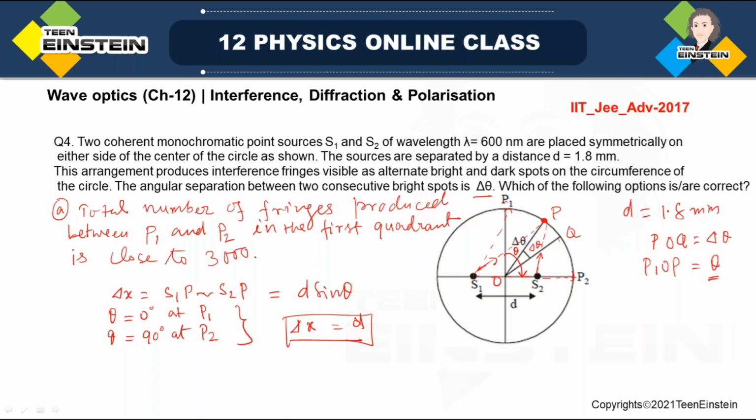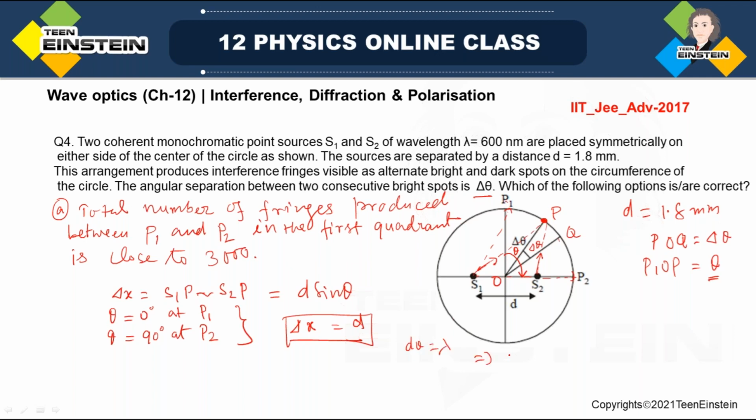Okay, now one thing you can see from this figure, if you just remember Young's double slit experiment, we know that d sine theta is equal to n lambda, right?